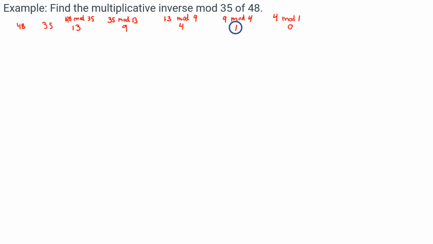Now let's go further using the extended Euclidean algorithm to find a linear combination of those two numbers, 35 and 48. We remember that pattern that we used last time. We're going to come up with a bunch of equations. So we'll start with that GCD, and remember we're using the two previous numbers on that long line.